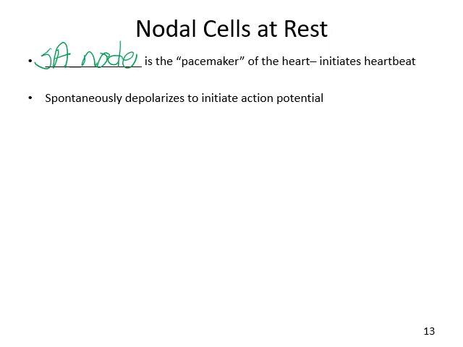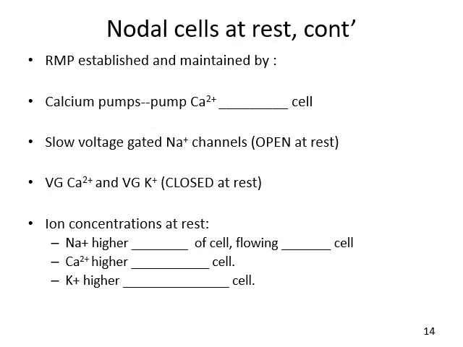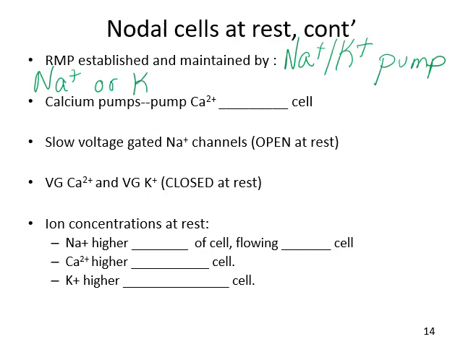So when the cells of the SA node are at rest, they have a resting membrane potential, which is established and maintained just like any other cell with the resting membrane potential through the sodium-potassium pump and those leak channels, sodium or potassium leak channels.